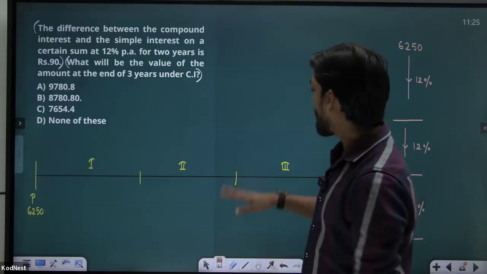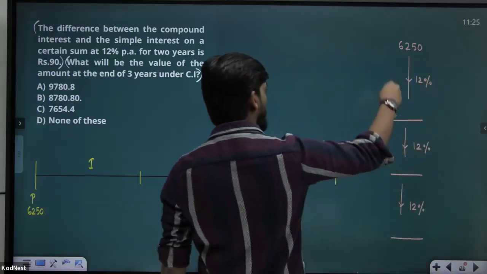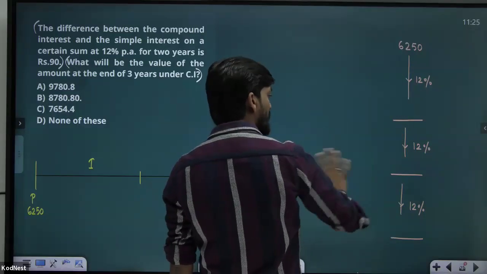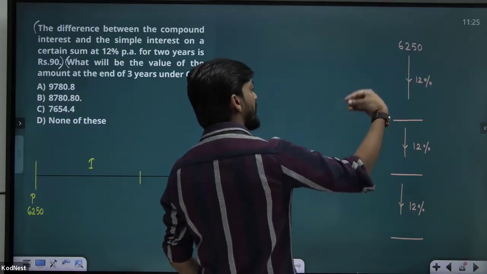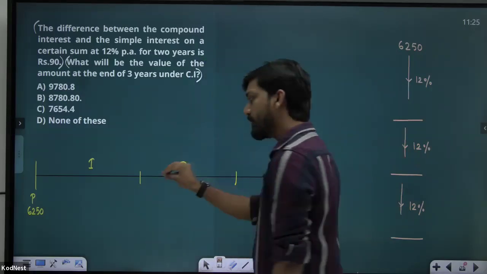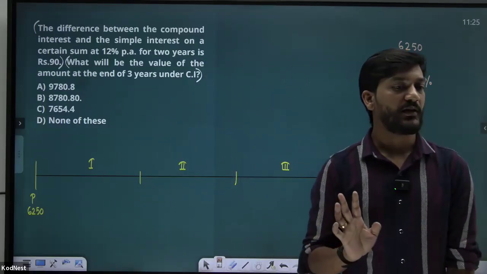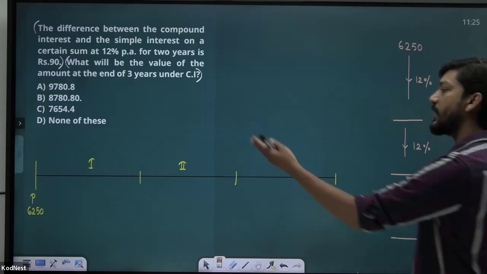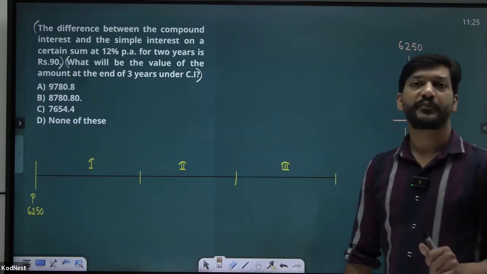All the rough work I will do separately; this and this diagram is not the same. Once I'm done with the calculation, I will write the values there. And why 3 times? Because time is 1, 2, 3, 3 years.